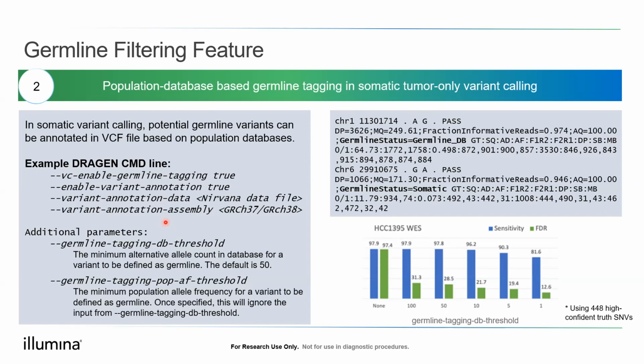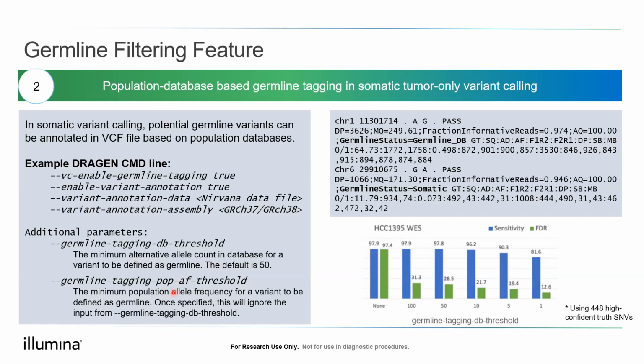The way to configure that database is you can do it by setting a threshold, and this threshold is the minimum alternative allele count in the database for a variant to be tagged as germline. We have a default of 40 that we have set, and we'll show some benchmark data with that.